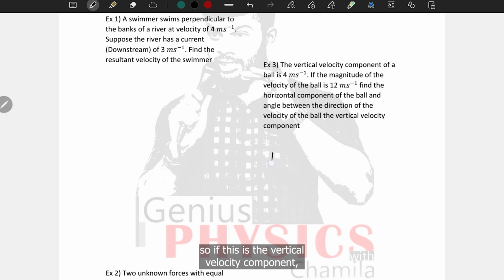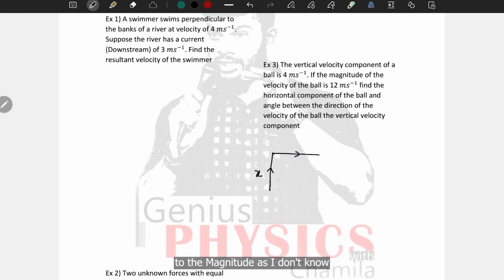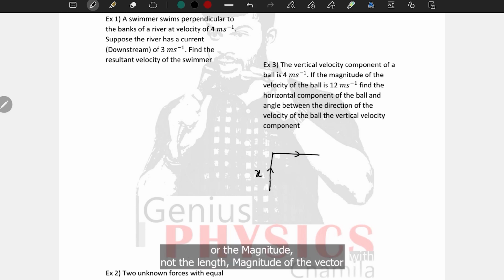So if this is the vertical velocity component, which is unknown, I put x as the magnitude, as I don't know the magnitude of the vector. And the horizontal velocity is 12 meters per second, which has already been provided.